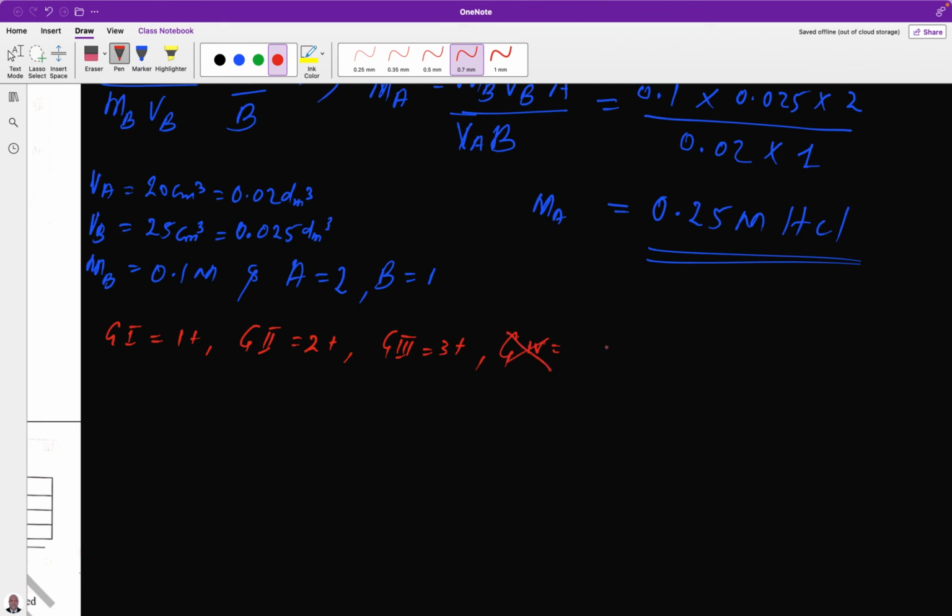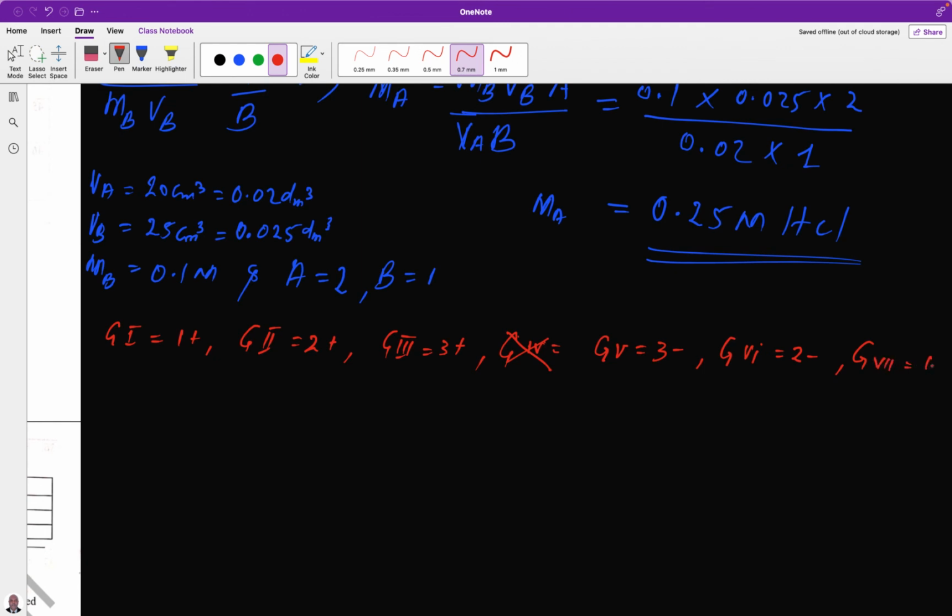Group 5 have a charge of 3 minus. Group 6 have a charge of 2 minus. Group 7, or the modern periodic table calls it group 17, have a charge of 1 minus.